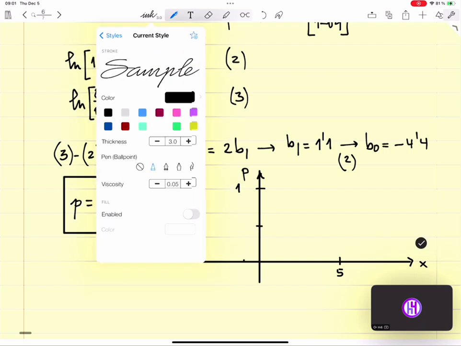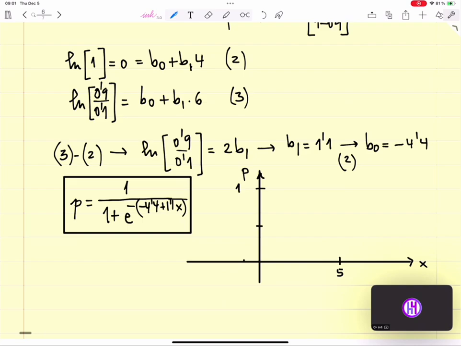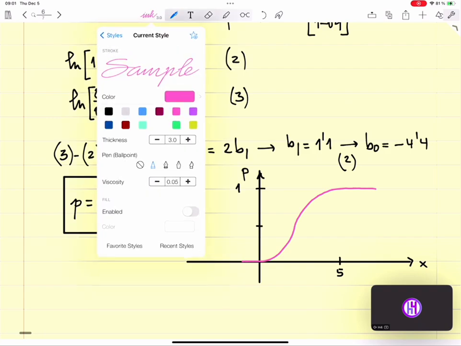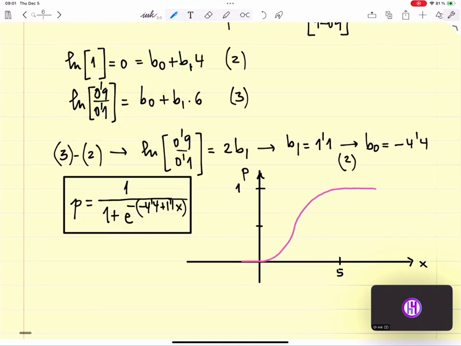Let me make it another color. This curve looks like this. Okay, so approximately.